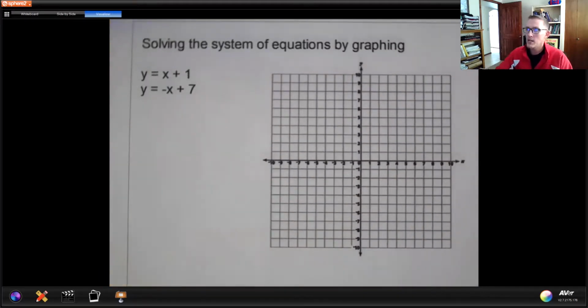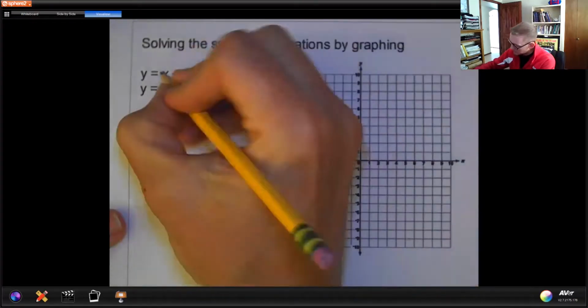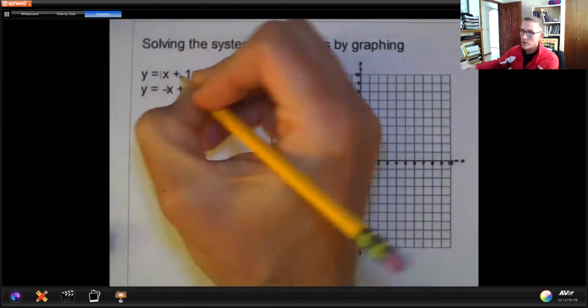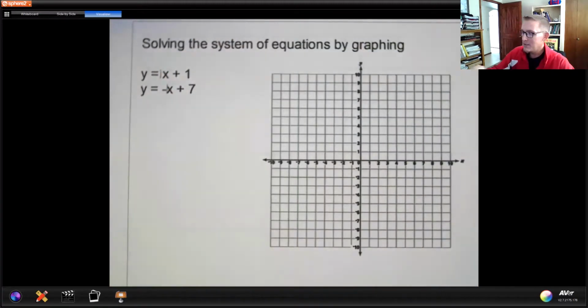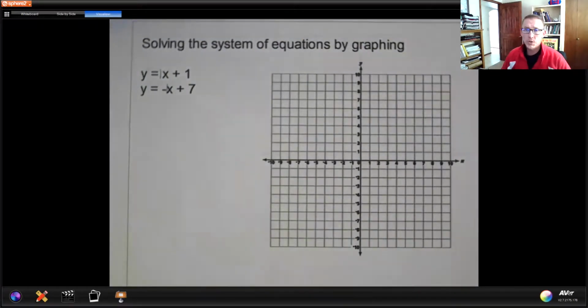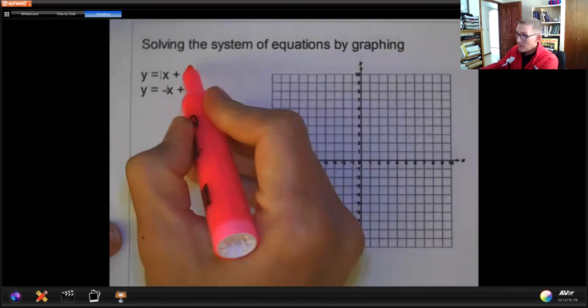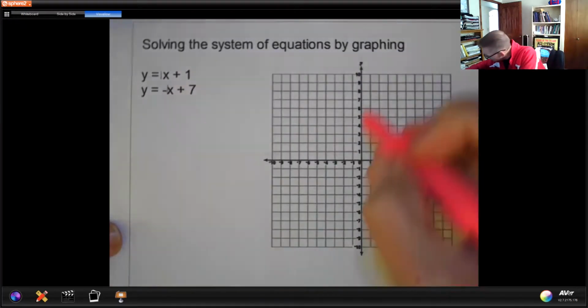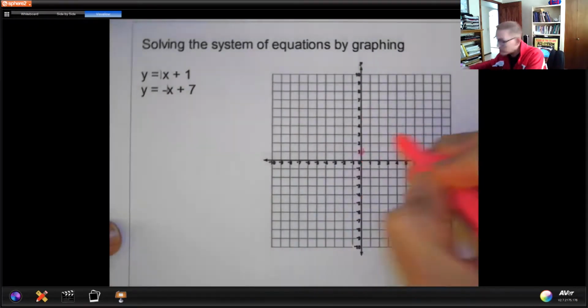There's two equations, y equals x plus 1, y equals negative x plus 7. Remember, if there is no number in front of the x, there is a 1 there. So one of those slopes is 1, the other slope is negative 1. So we're going to start by graphing. Well, my y-intercept is plus 1, so I'm going to draw a dot here at plus 1.